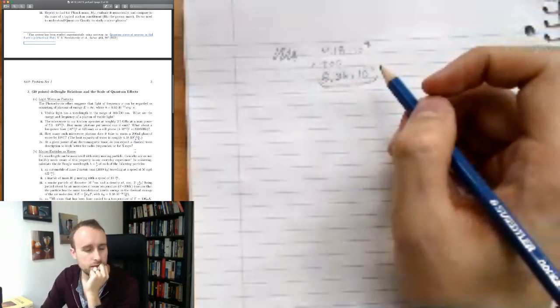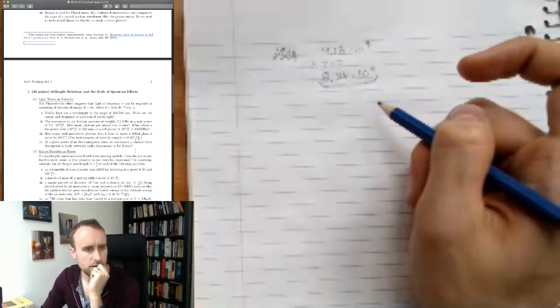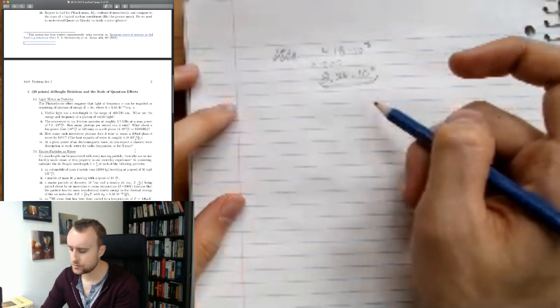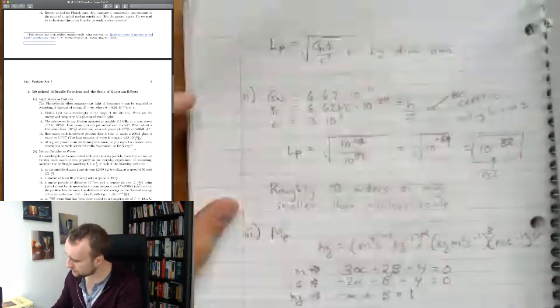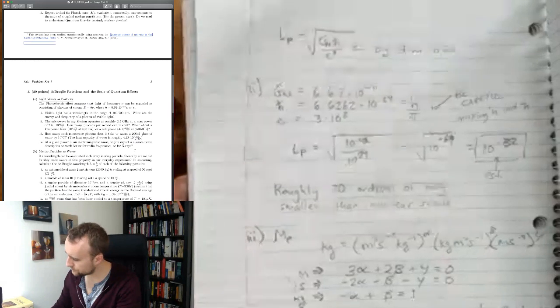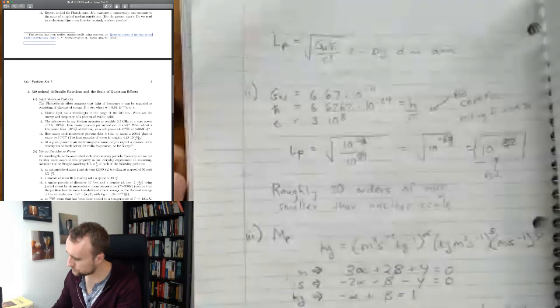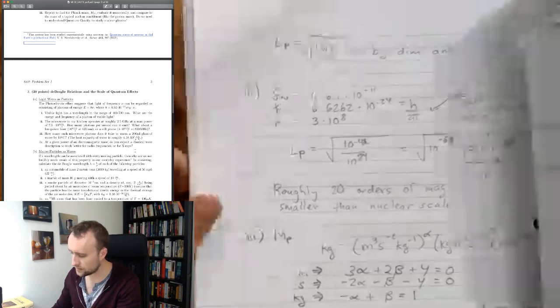And the microwave photons, how much were they? 10 to the negative 18.